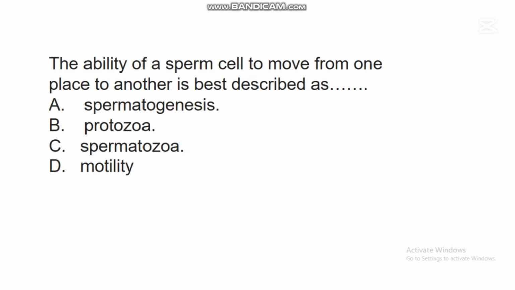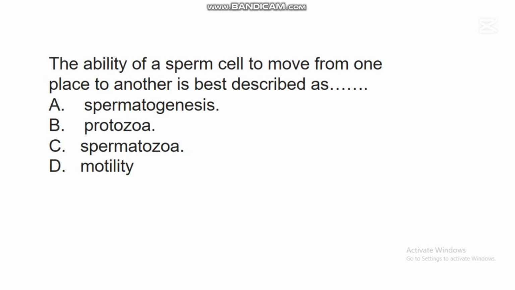The next question says, the ability of a sperm cell to move from one place to another is best described as dash. A. Spermatogenesis, B. Protozoa, C. Spermatozoa, D. Motility.